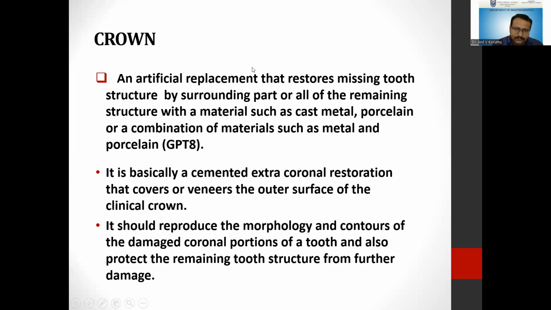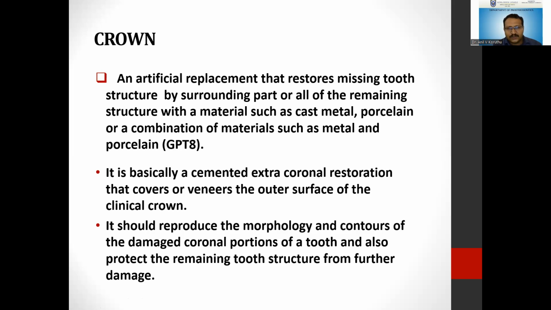Okay, so let's see. The first thing is a crown. A crown is an artificial replacement that restores a damaged tooth by surrounding parts or all of the remaining structure with a material such as cast metal, porcelain, or a combination of materials such as metal and porcelain.